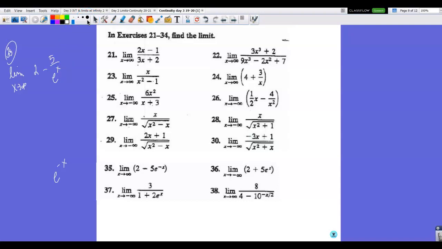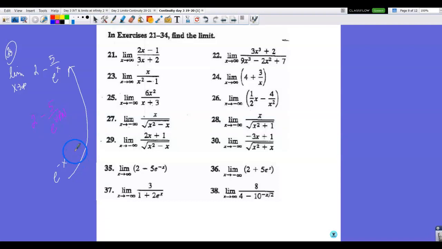Because I have a negative power, remember I can take that to the denominator and make the power positive. So from e to the negative x in the numerator, to e to the positive x in the denominator. All right, so now I'm moving towards a very, or infinitely, large number. So I have 2 minus 5 divided by e to a very positive number.